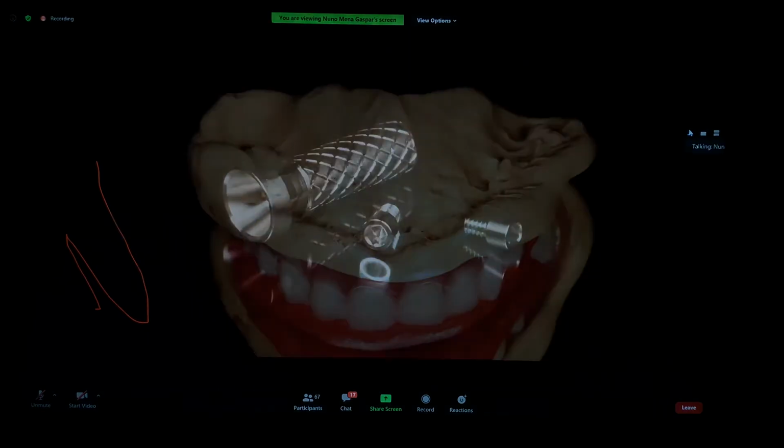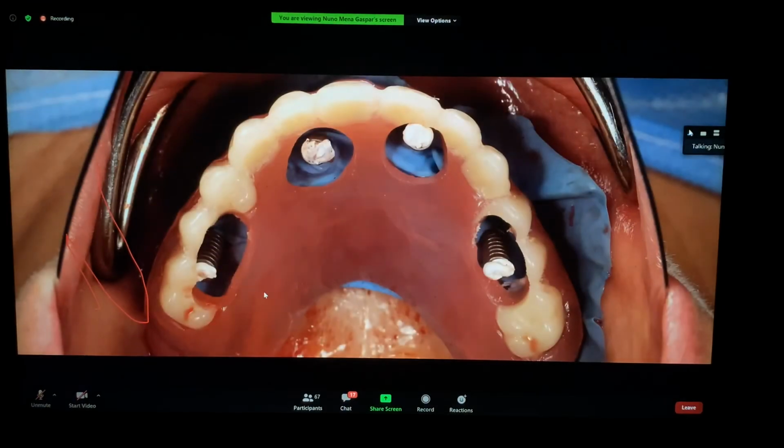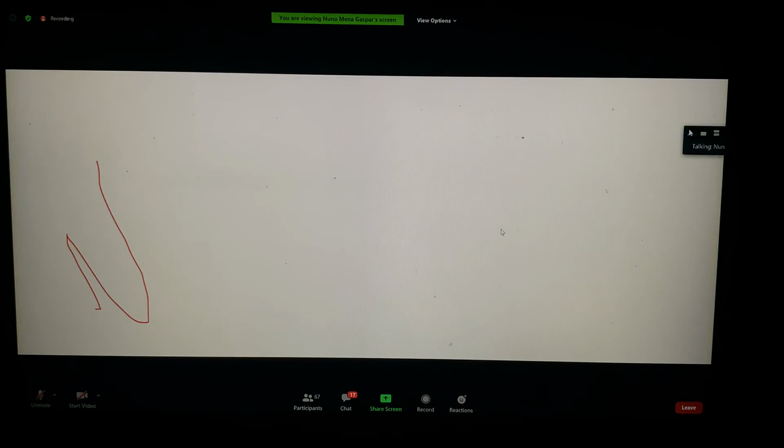I place my provisional cylinders over my multi-unit abutments, and the prosthesis is open like this. I use some dam and some Teflon over my cylinders, and we just do a pickup.